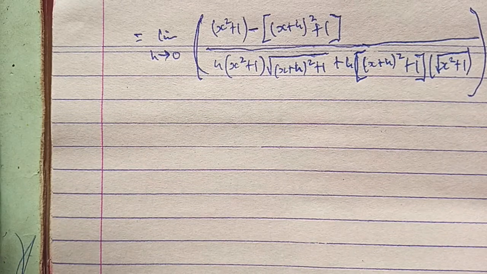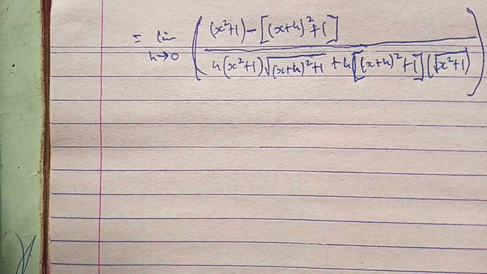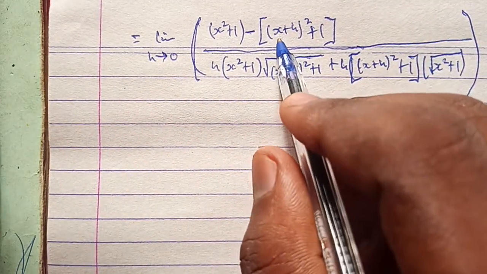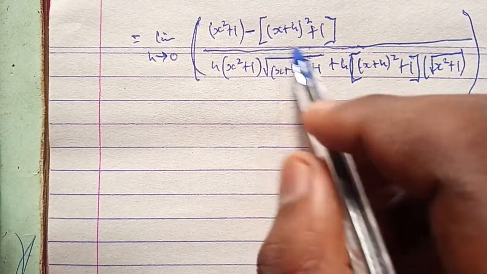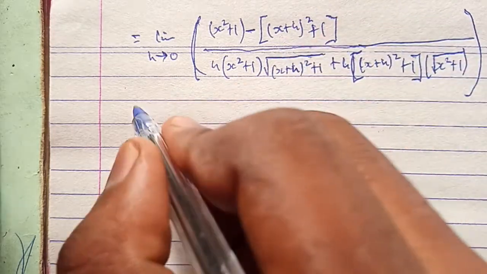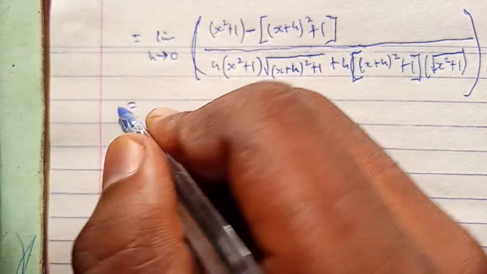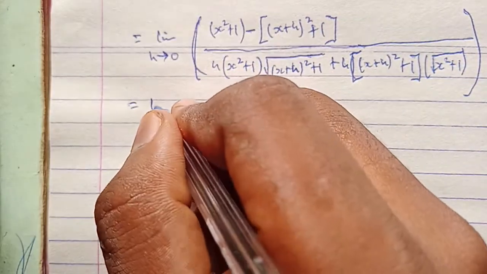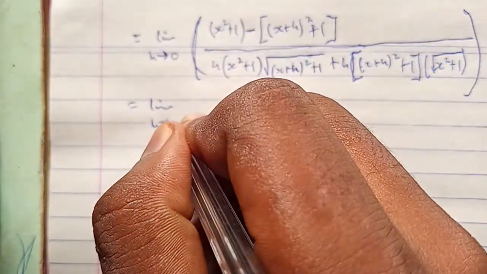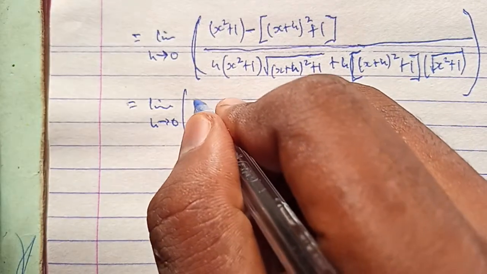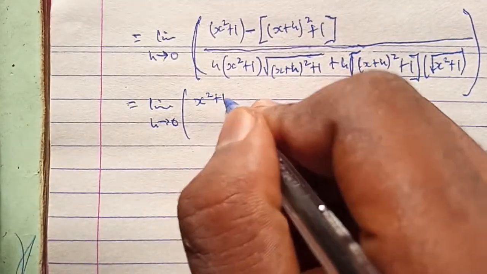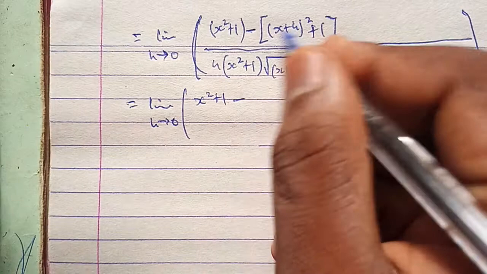So guys, moving forward, we will have to expand this one. After expanding that one, then we'll do our necessary operations here. So we'll have it as the limit as h approaches 0 of x squared plus 1 minus this.